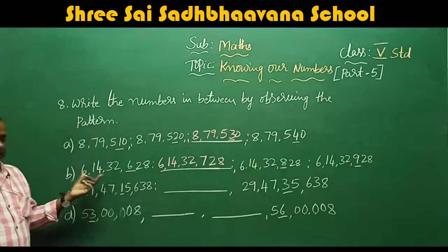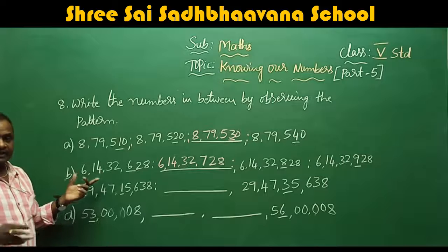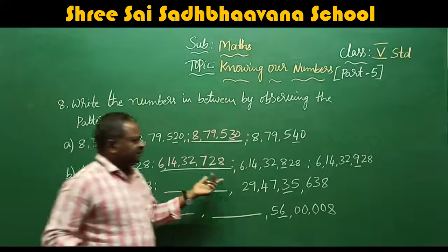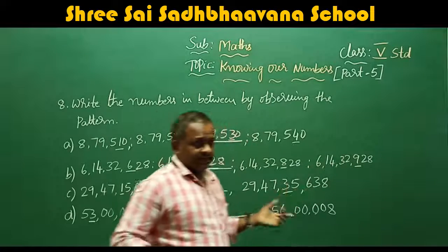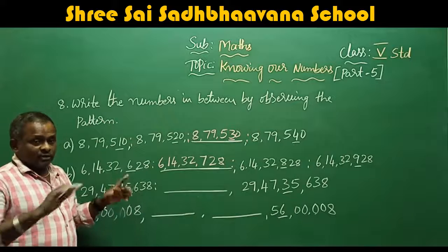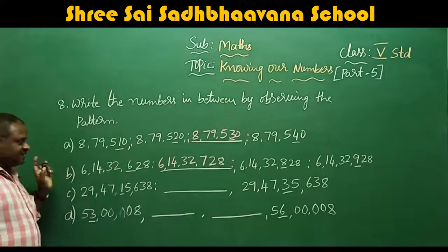Every time you have to read the number so that you practice reading numbers very well. For that reason I am reading every time. Otherwise I would just say 628, 728, 828, 928. I say the full number because it helps you read bigger numbers easily. Okay, every time please read the number.